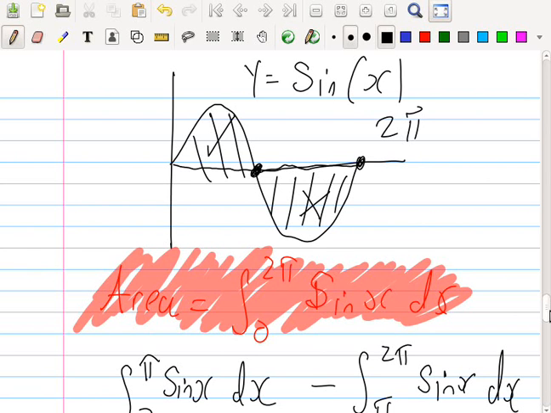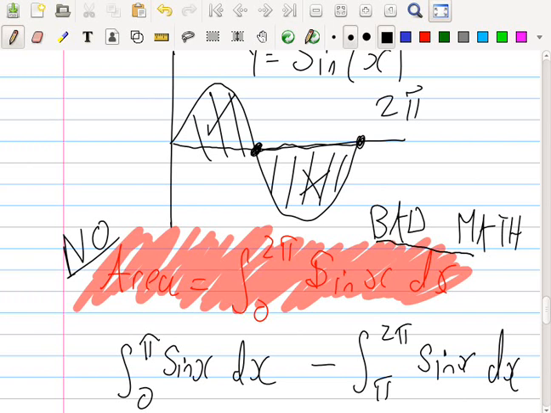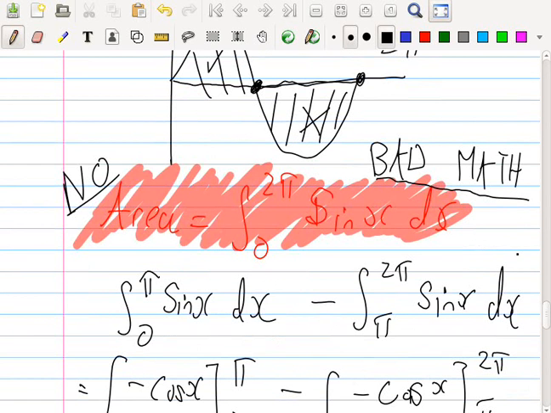So it's sine x, 2 pi. Like how's the formula? Go down? No, wait. Not this. Yeah. This bad. This here good. Go down, yep.